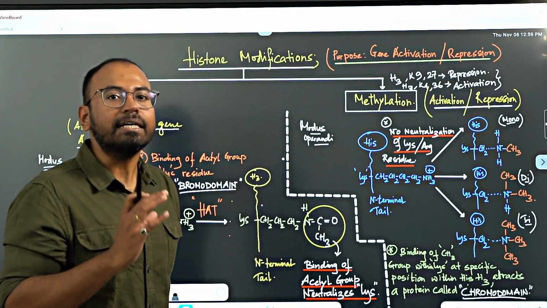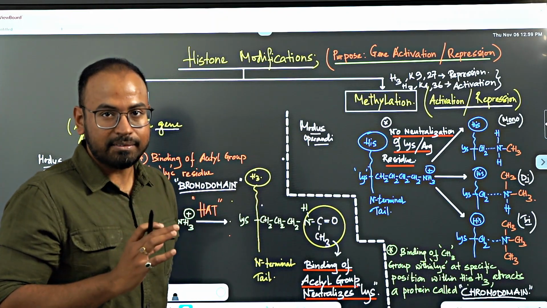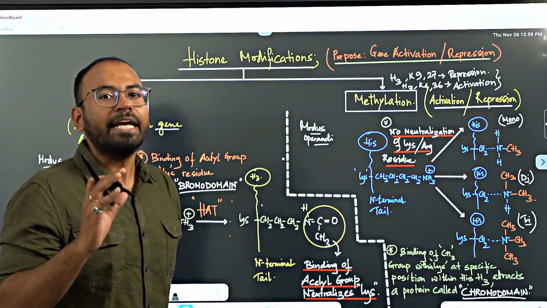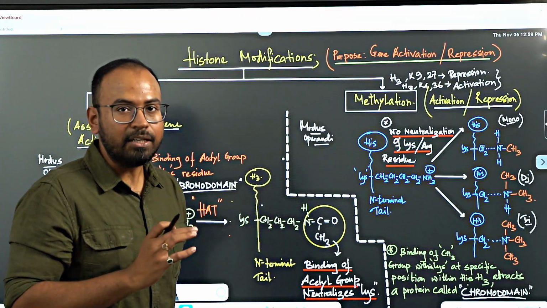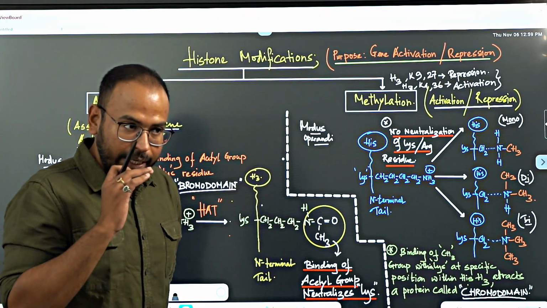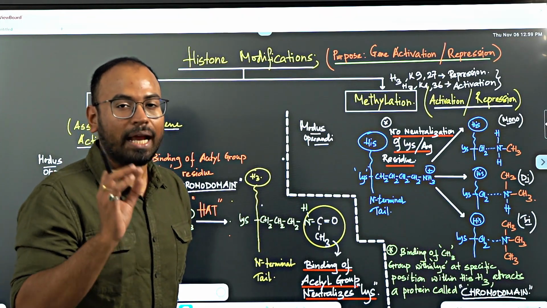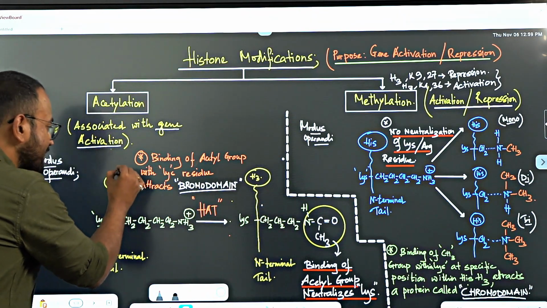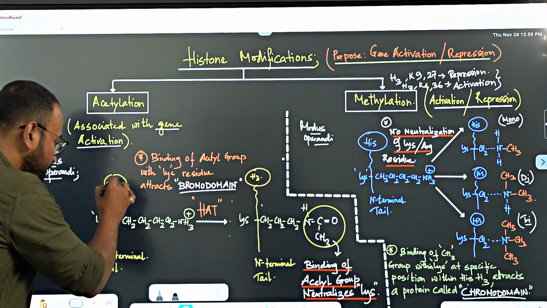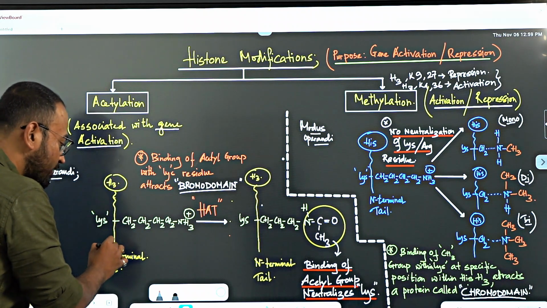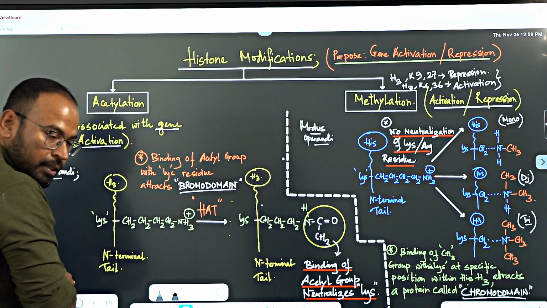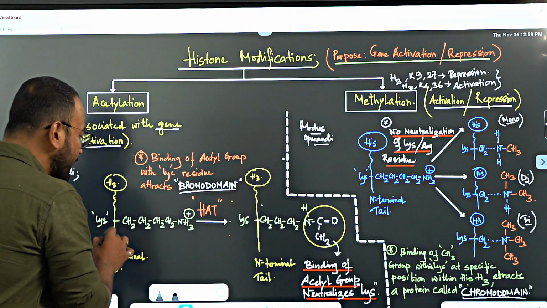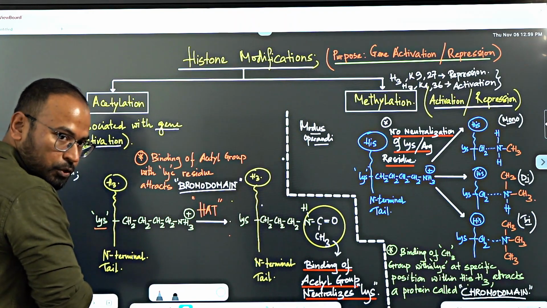Now this N-terminal tail bears basic amino acids like lysine or arginine. Here we will consider lysine. Suppose this is histone H3, and within this histone H3 lies our N-terminal tail. Among the N-terminal tail lies our lysine residue.